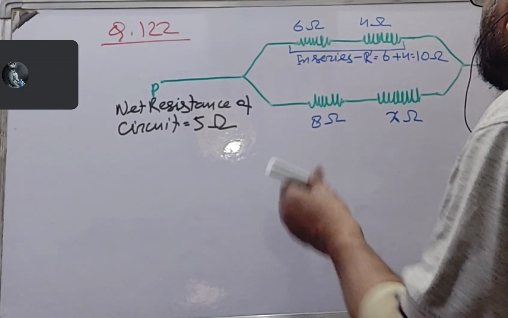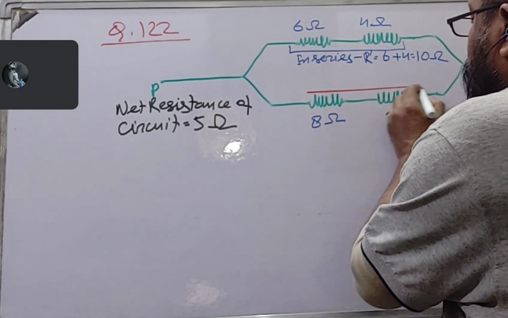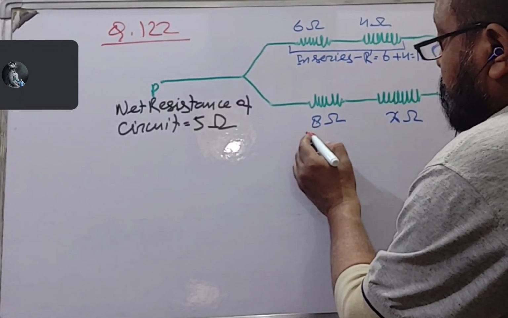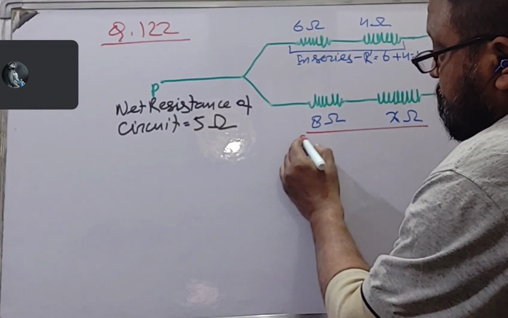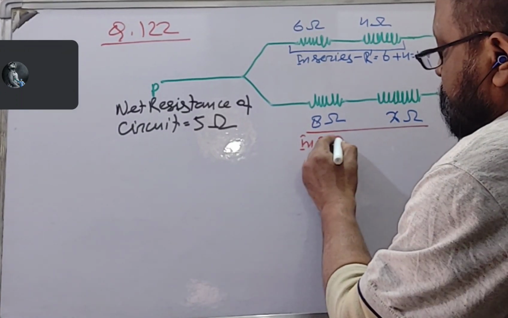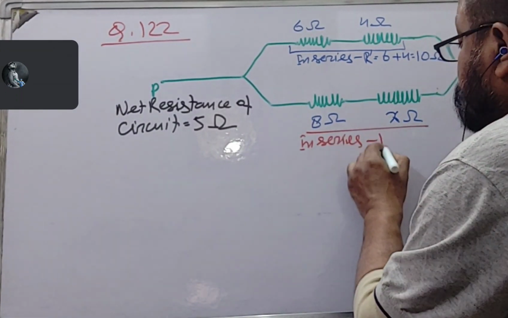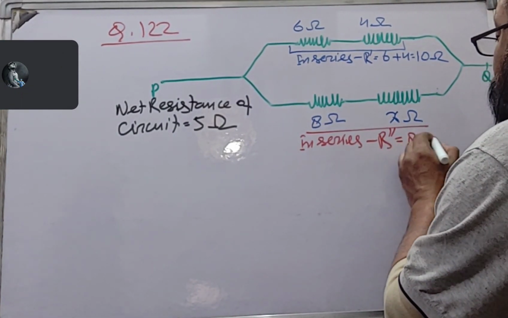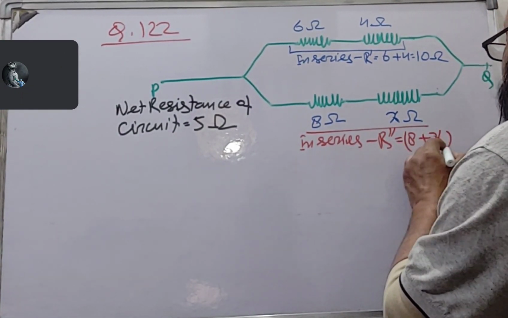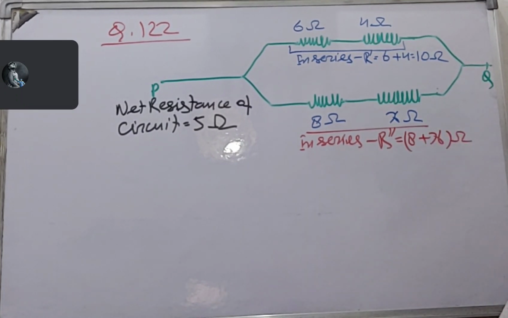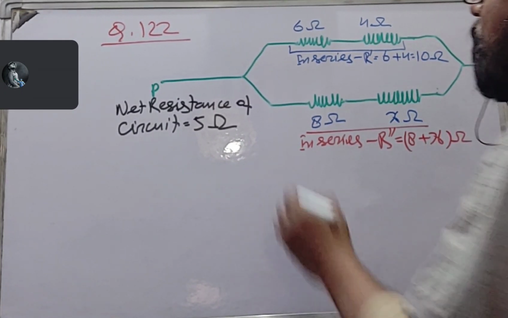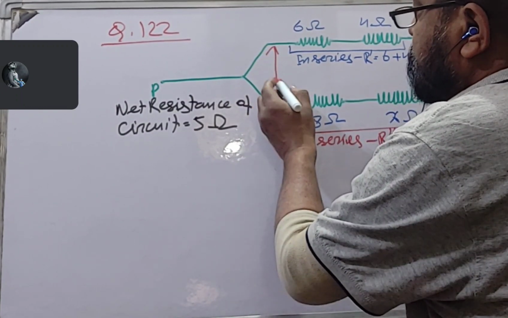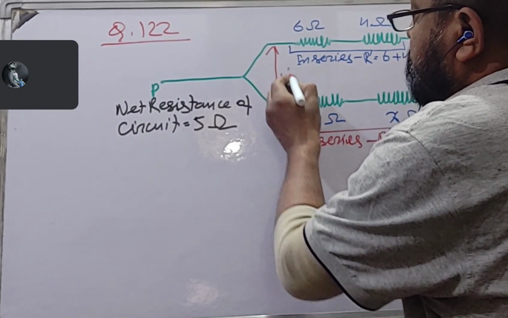And here they are also in series, so net resistance is equal to 8 plus X ohm, right? And now they are in parallel.